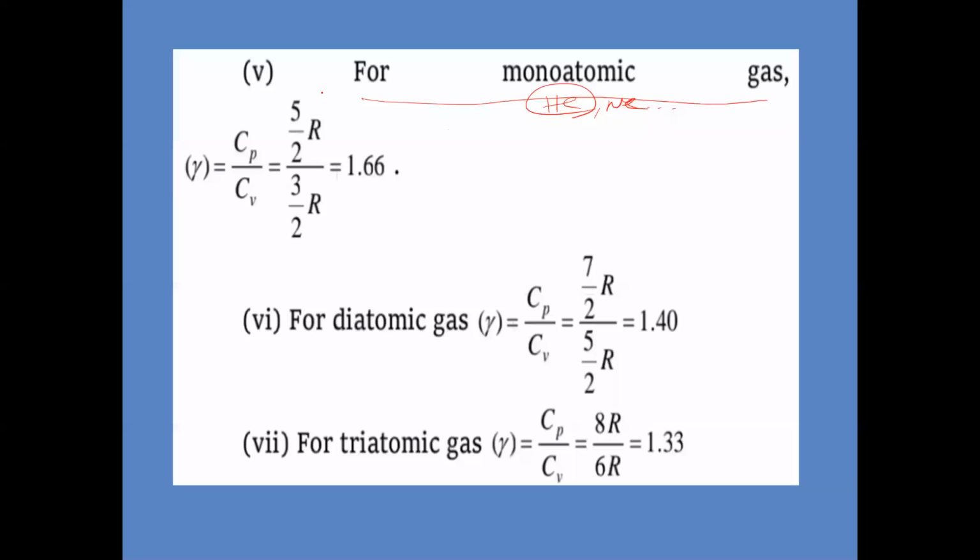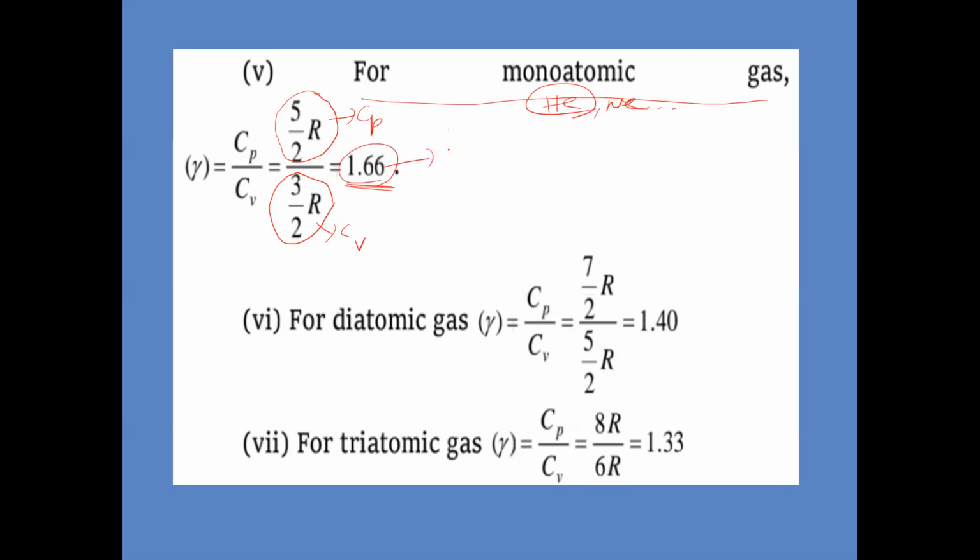The CP value for monoatomic gas is 5/2 R. Remember, it is the CP value. And the CV value for monoatomic gas is 3/2 R. 5/2 R will be CP and 3/2 R will be CV for monoatomic gas. Remember. Now the ratio will be 1.66. 1.66 is equal to gamma here.